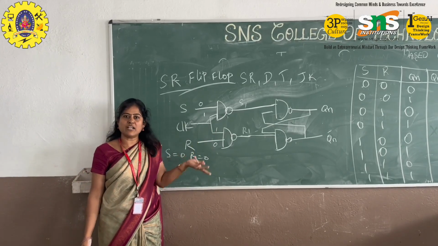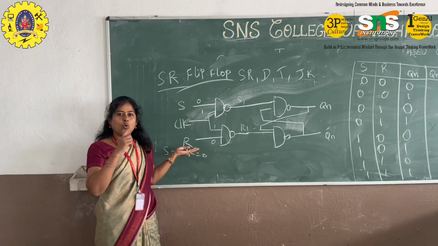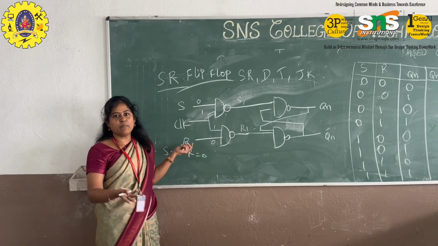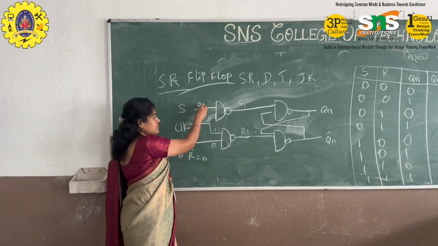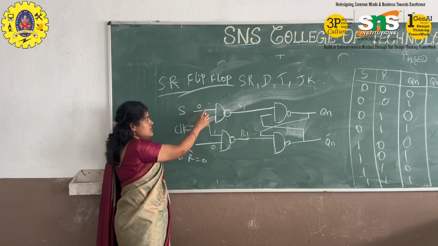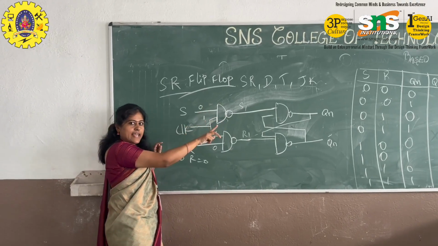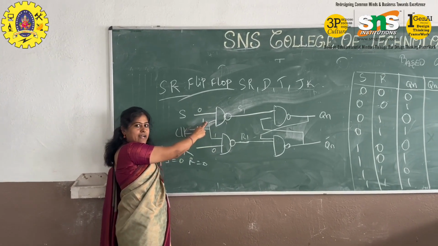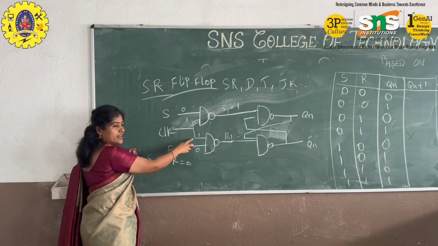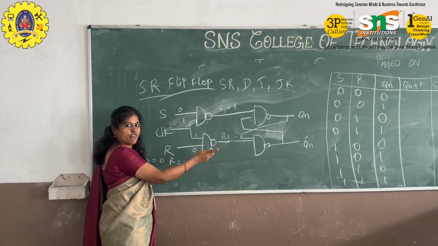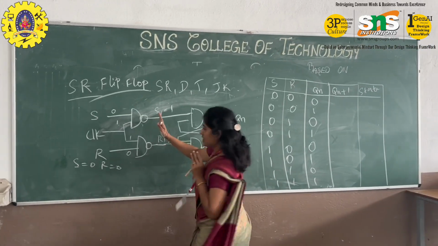Since I am giving 0, the AND output would be 0, but for NAND the output will be 1. So S1 is 1 here, and here also the output is 1, so R1 is also 1. The first stage is completed.